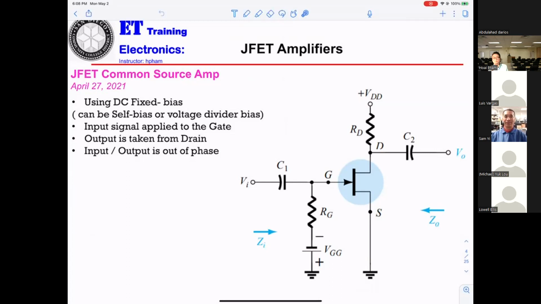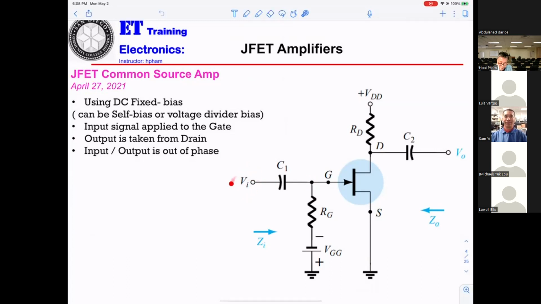Oh, let me know. DC blocking, DC blocking or AC coupling. Okay, that's the name. The purpose of C1 is they only allow AC to go to the gate.